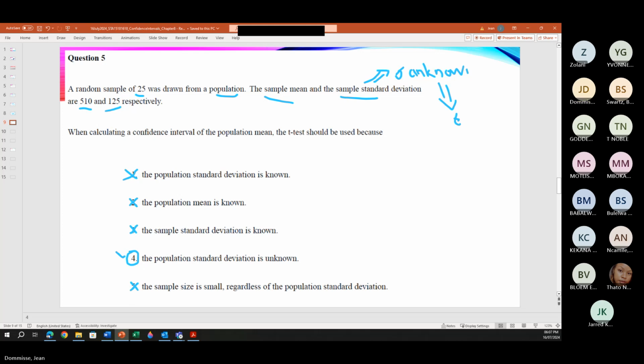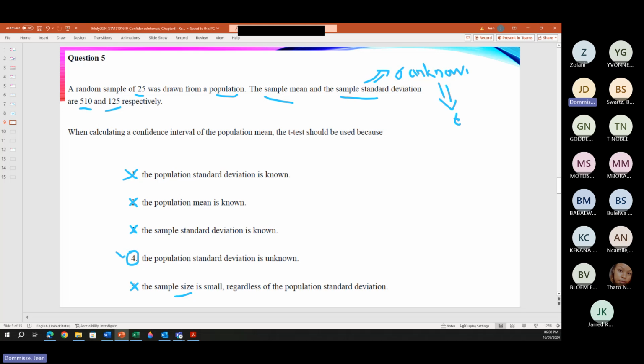So they might also try to catch you in a question to say it is a small sample, like here, and then they might tell you that you have a population standard deviation.